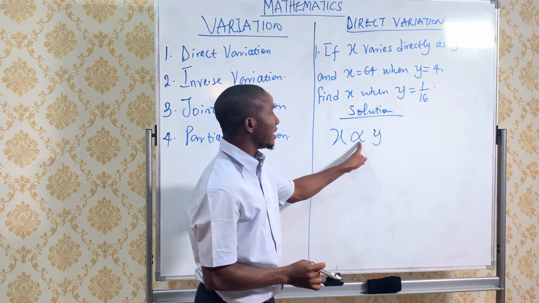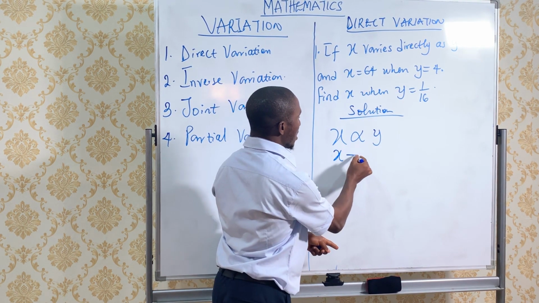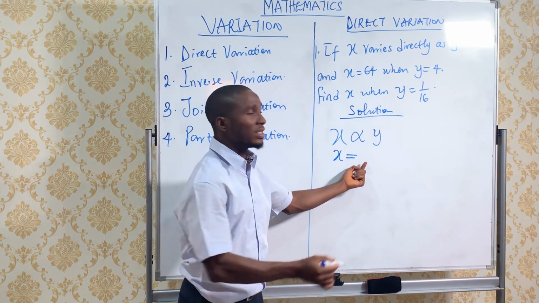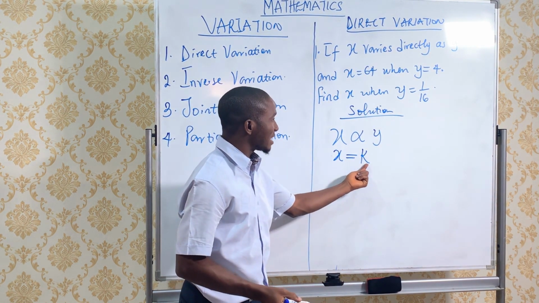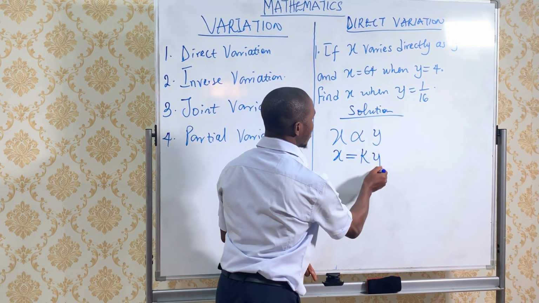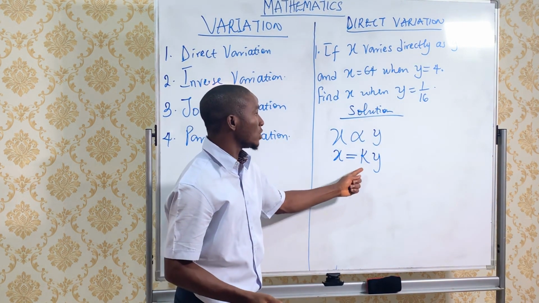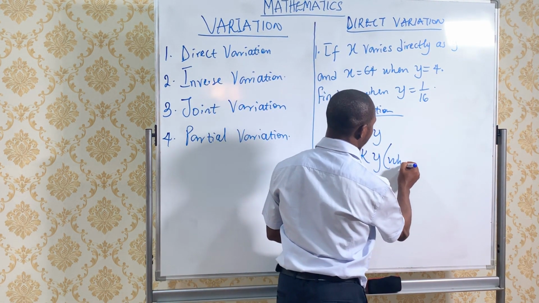To eliminate this sign, we add an equal sign to it with a constant. The addition of this equal sign and a constant will eliminate this variation sign. And we have x is now equal to ky, where k is a constant.